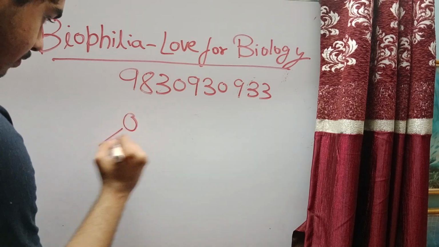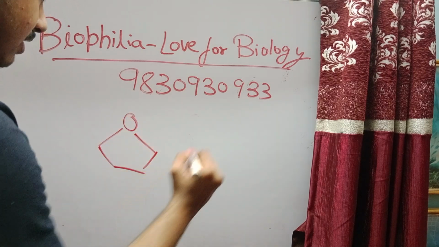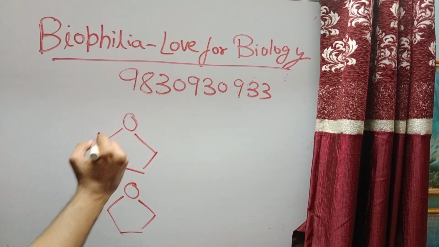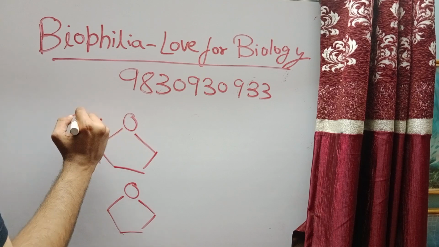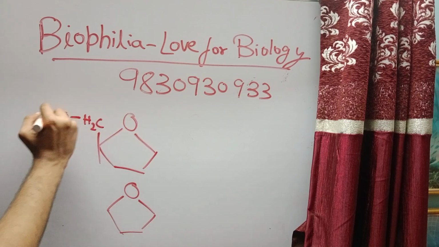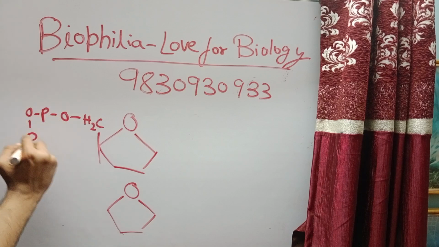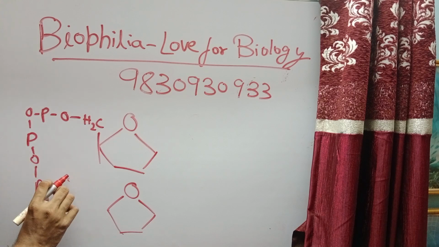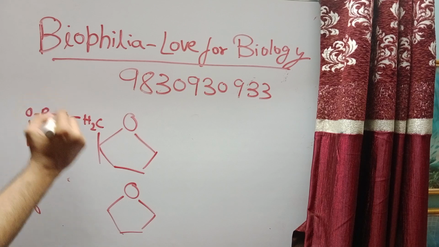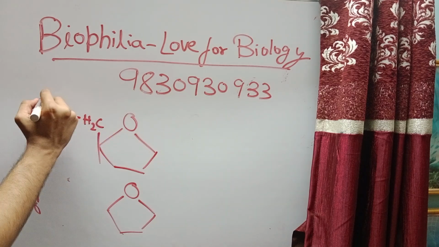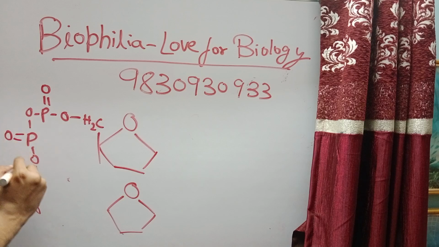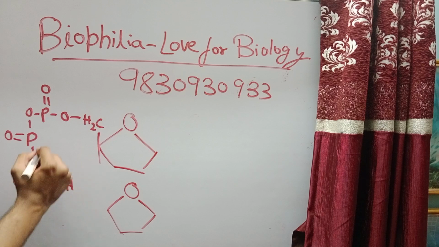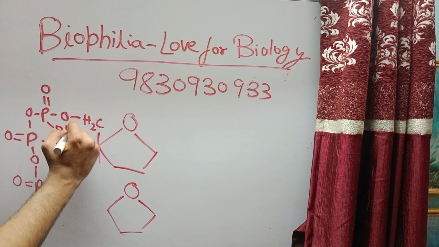So this is our ribose sugar. In the 5' position, we have CH2O, P, O, P, O, P, O group, with double bond O, double bond O, double bond O and a single OH.